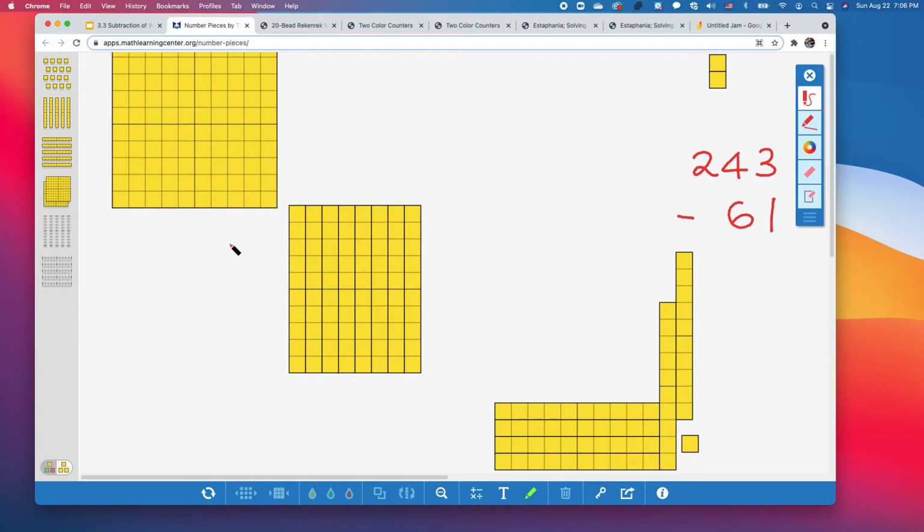So I have 100, and how many rods do I have? 1, 2, 3, 4, 5, 6, 7, 8. 80 and 2. So I have 182. So if we are connecting these to the standard algorithm, I can rewrite this.